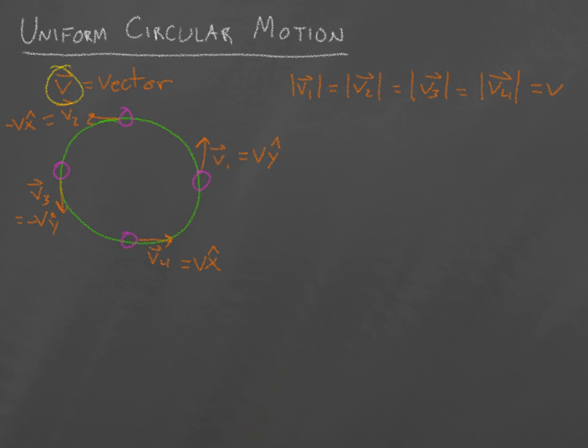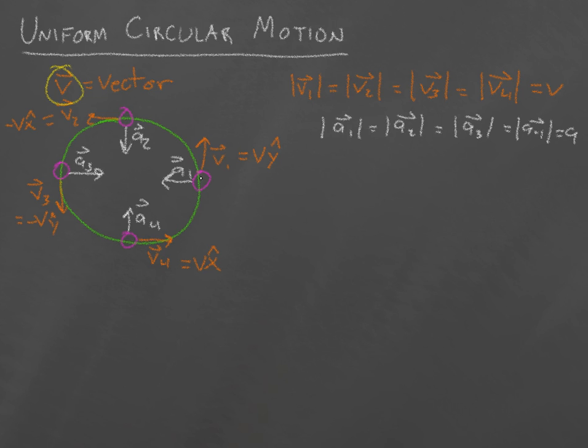And the acceleration in all of those cases is pointed inward. This is always true for uniform circular motion: the acceleration is pointed directly inward. So a1 is equal to a2 is equal to a3 magnitude wise.